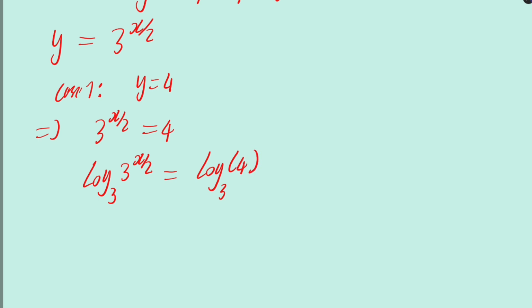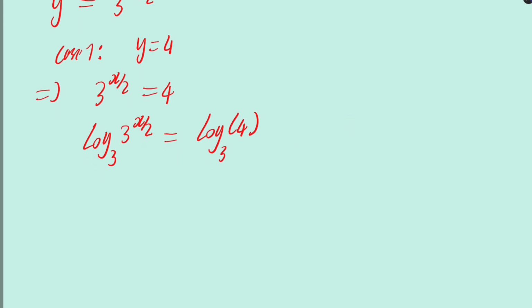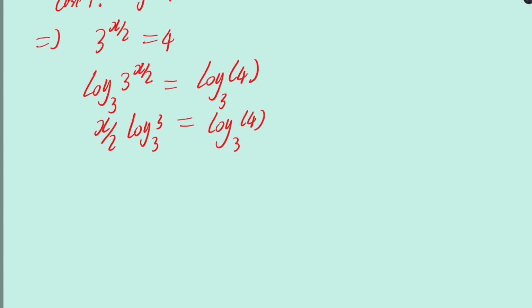The reason I'm taking log base 3 is so that we can have things cancel at the end. So if you get what I mean, let's just dive in and continue solving. From here, we bring down our x divided by 2 times log base 3 of 3 is equal to log of 4 base 3.